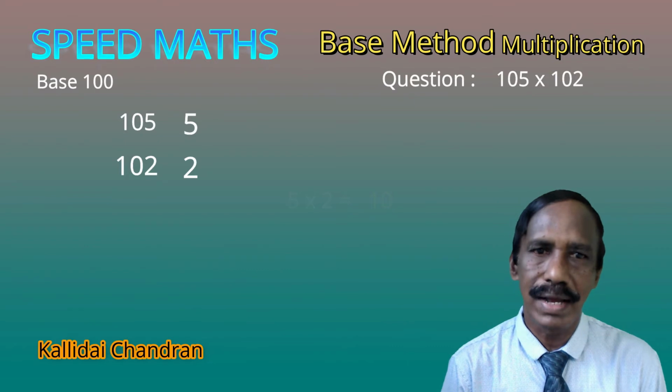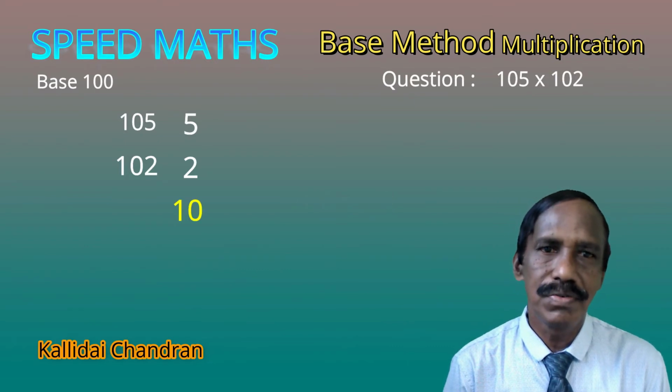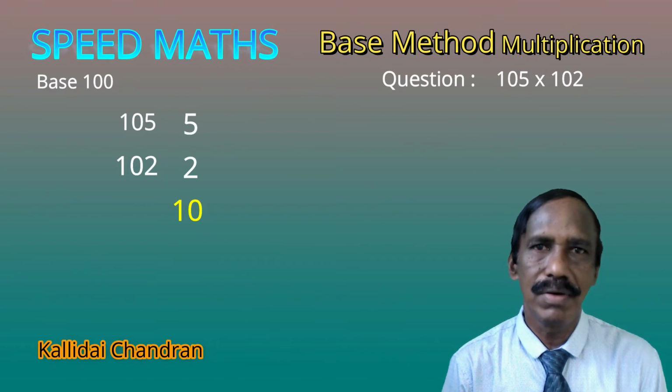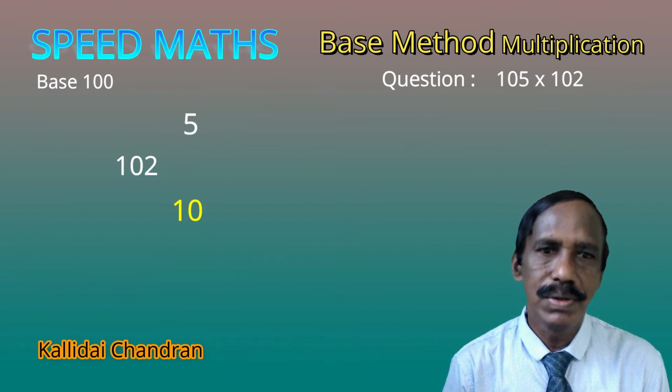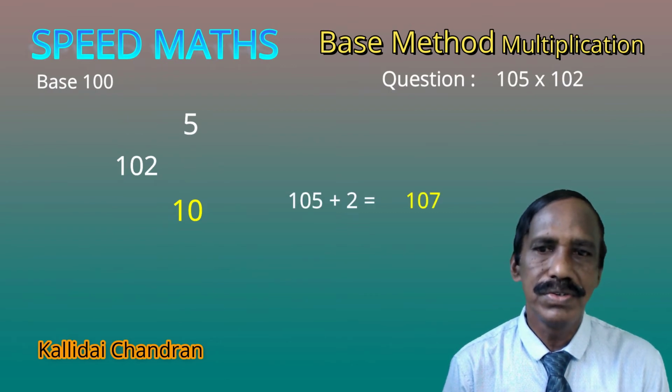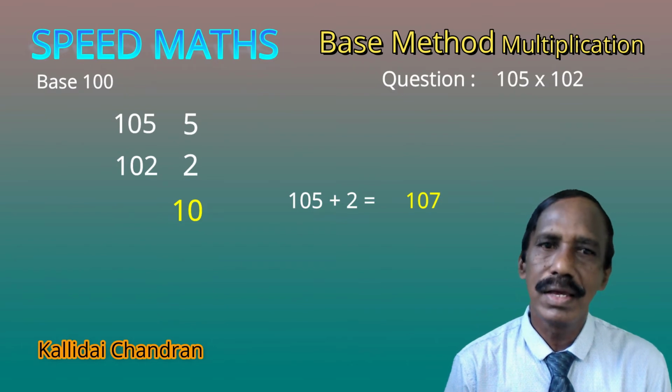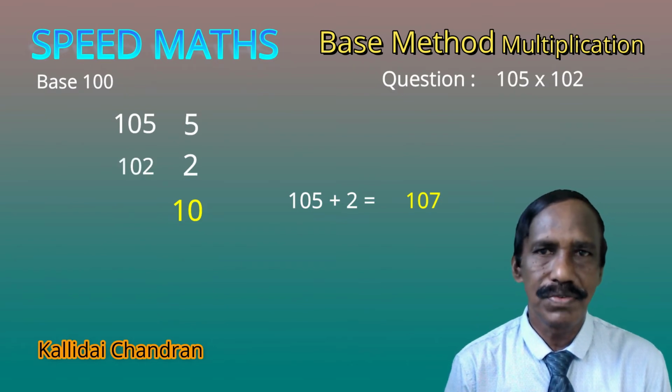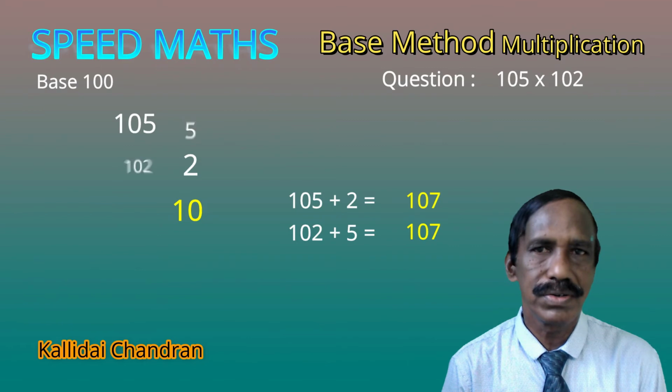Now we have to cross add 105 and 2. Similarly, we have also to cross add 102 with 5. Now 105 plus 2 comes to 107. Similarly, 102 plus 5 also comes to 107.